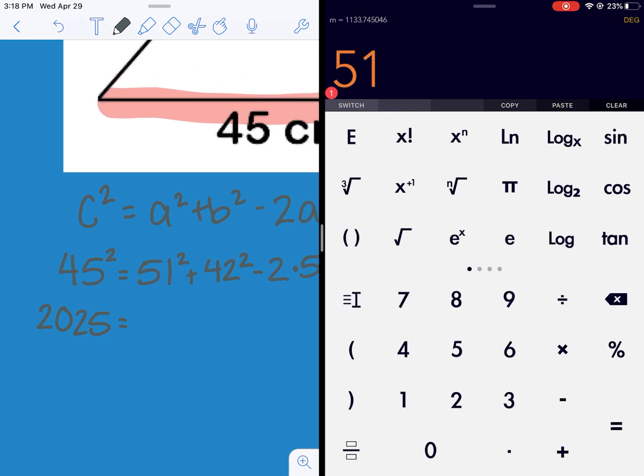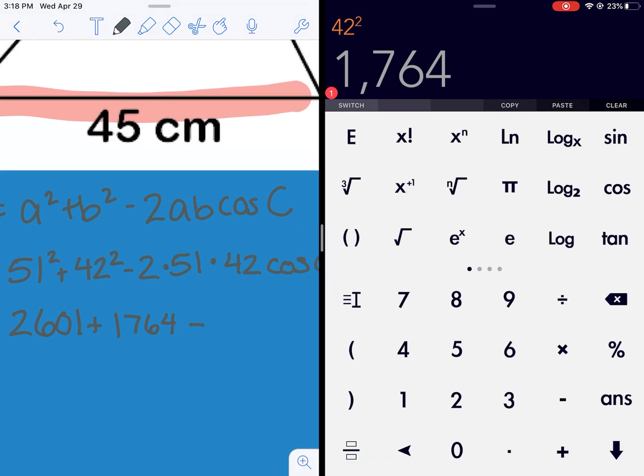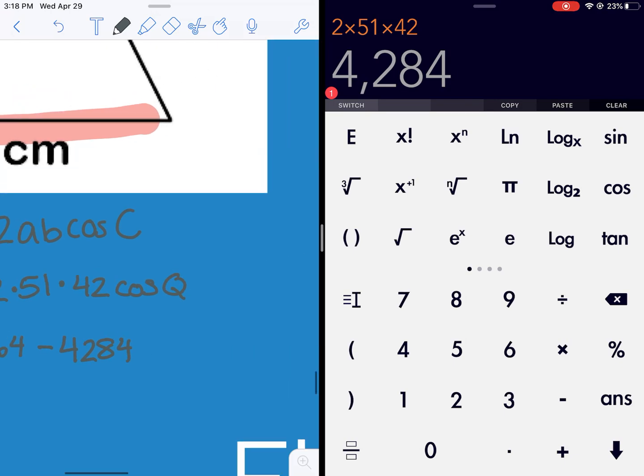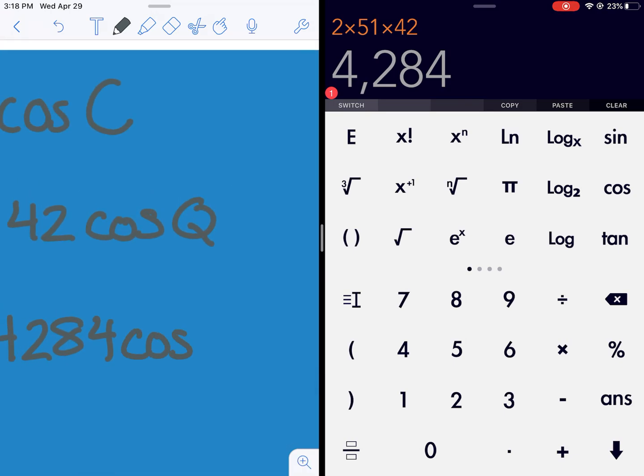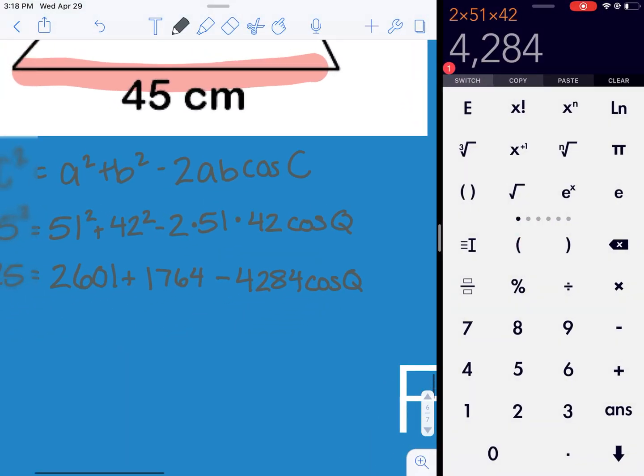And that will equal 51 squared plus 1,764 minus 2 times 51 times 42, 4,284 times the cosine of Q. And I'm going to pause here just for a second and we're going to think.